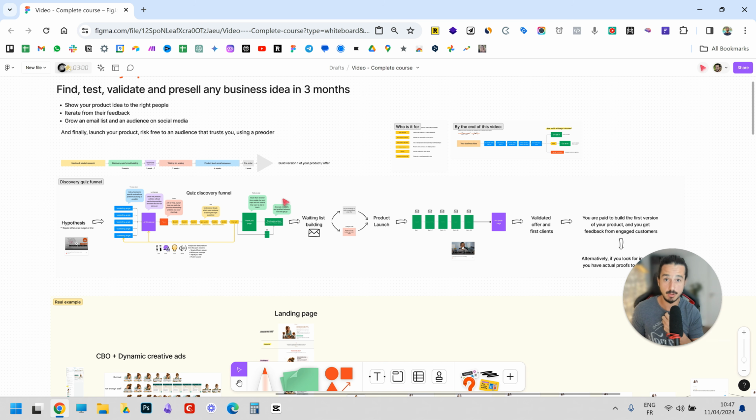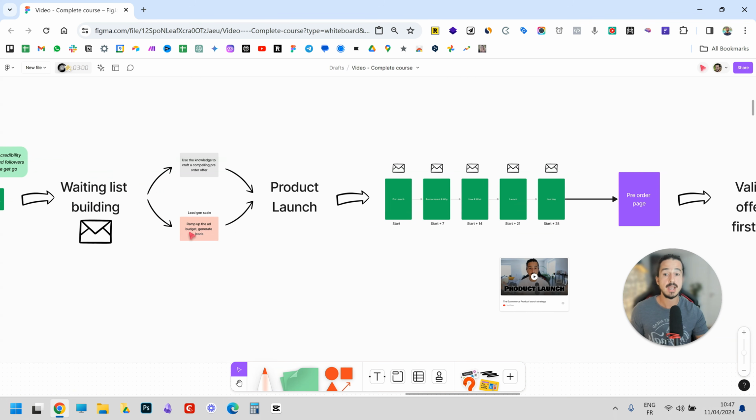But they have received an email from you, and they remember the experience they had with the quiz and so on. You have grown a list of this kind of people. So maybe you have 500, 1,000, 5,000, 10,000 people in this email list.